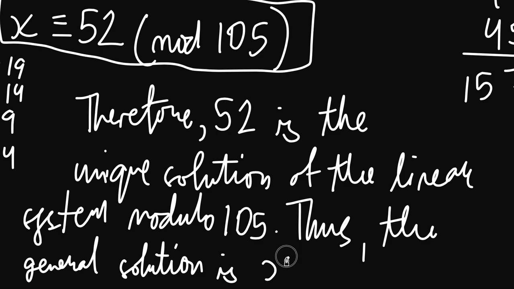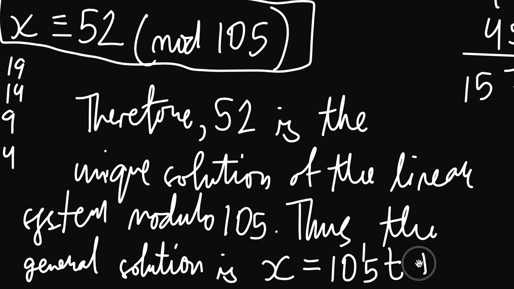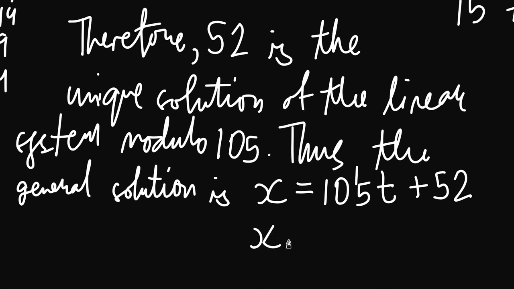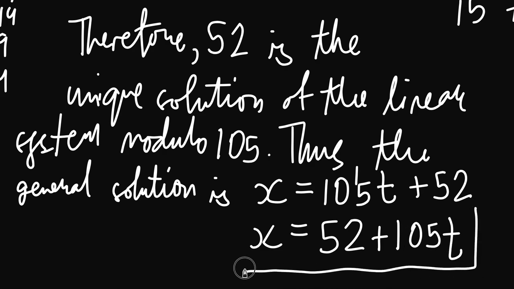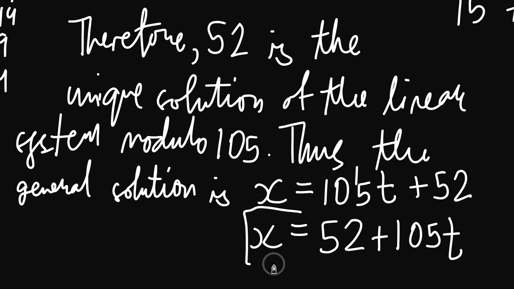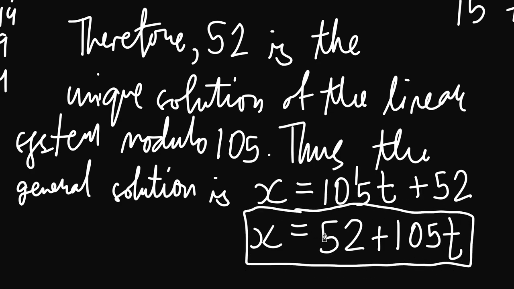So we have x is equal to 105, the mod, which is the divisor, times a quotient which we'll call t, plus 52. This is also x is equal to 52 plus 105t, if you really want to follow the ordering of the theorem. And that ends our solution. This is the general solution for this example for Sun-Tzu's problem.